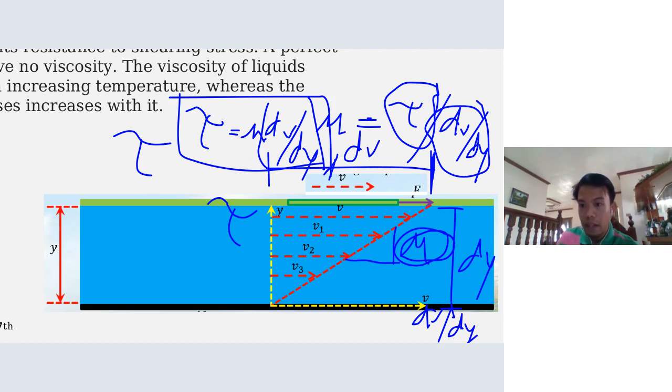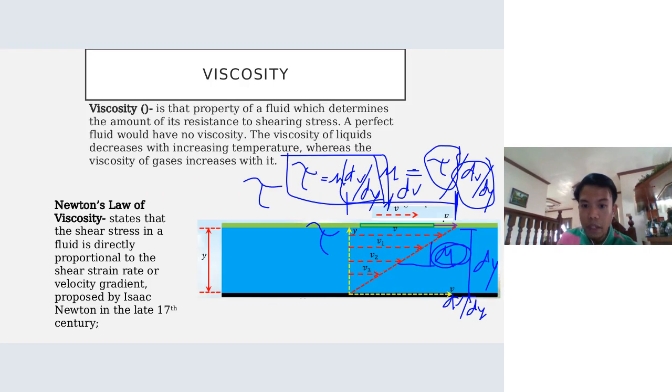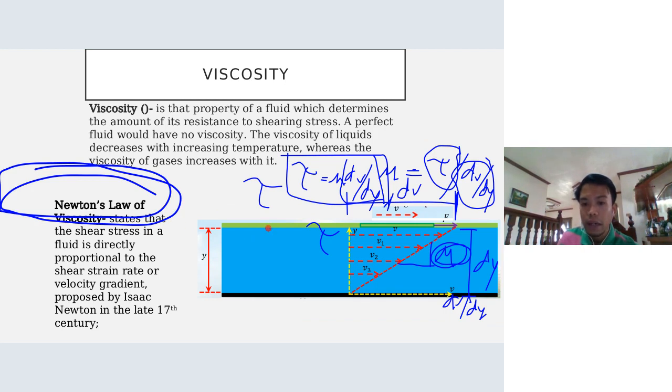And that, class, is the Newton's law of viscosity. Okay, it's the Newton's law of viscosity. And this law states that the shear stress is directly proportional to the shear strain rate or velocity gradient.